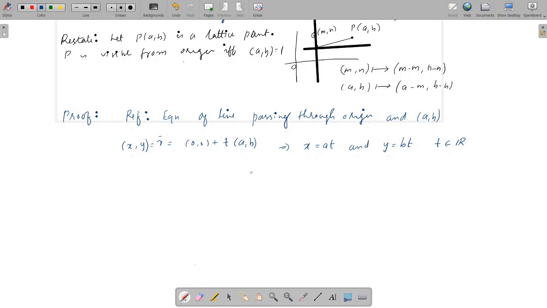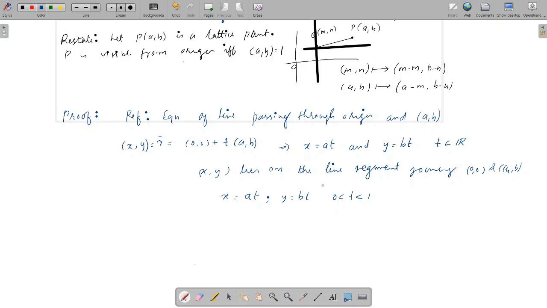So we can say that if (x, y) lies on the line segment joining (0, 0) and (a, b), then x equal to a t, y is equal to b t, with t between 0 and 1.